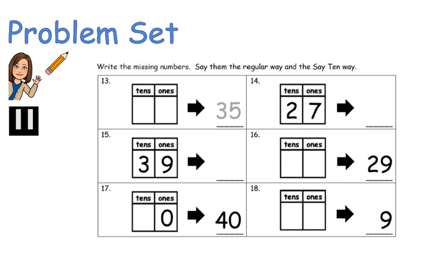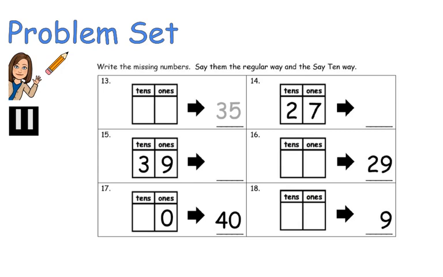Alrighty, here are the last few problems. So, they have given us our chart that has 10s and 1s, and then we have our total answer here. So, sometimes you're going to have to fill in the chart, and sometimes you're going to have to give them the number, okay?